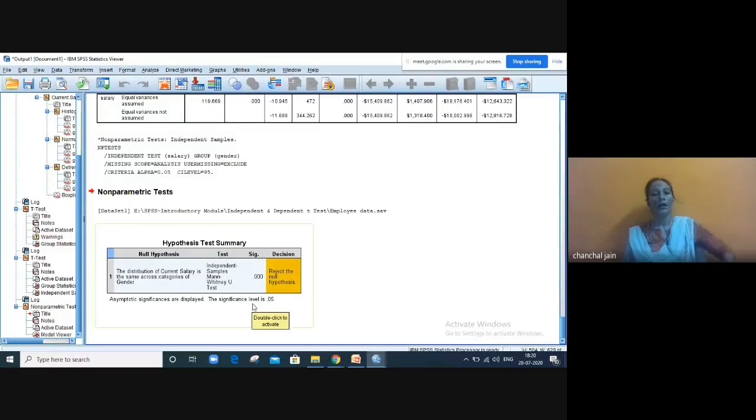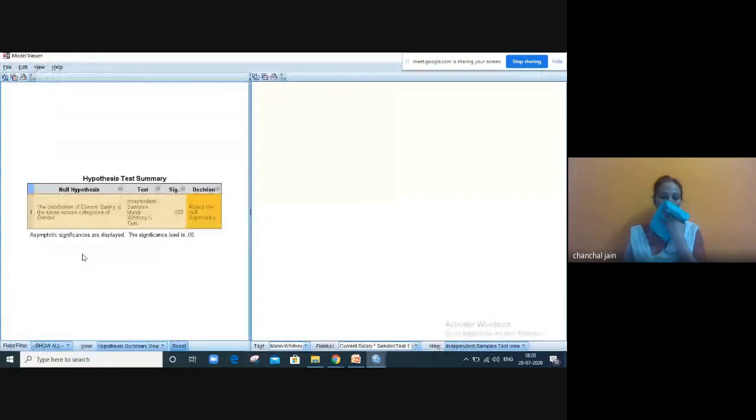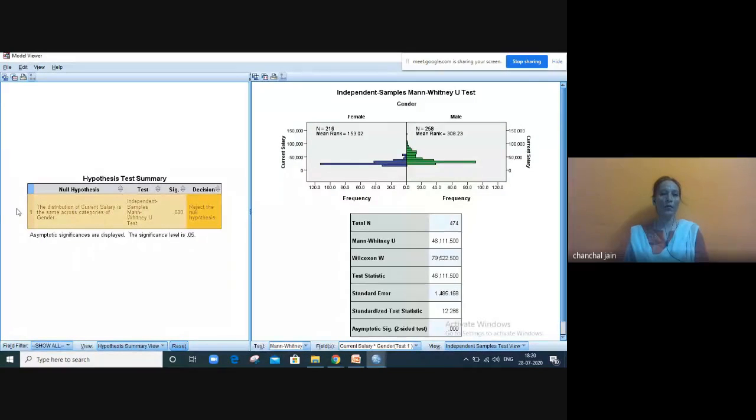So what you need to do is just double click on this particular table. When you double click on this table, one more output window will appear, named Model Viewer. Here you will be able to see the distribution of the two groups.